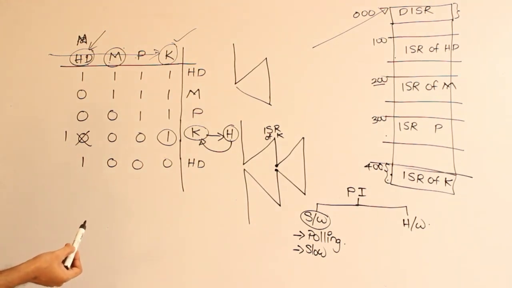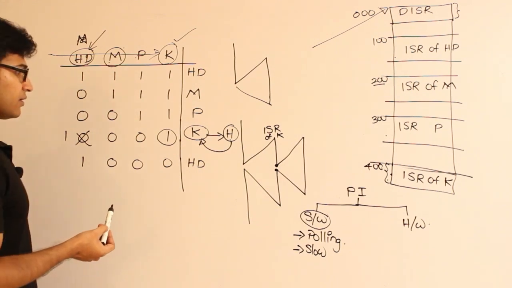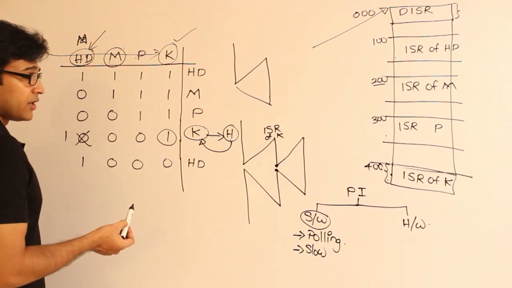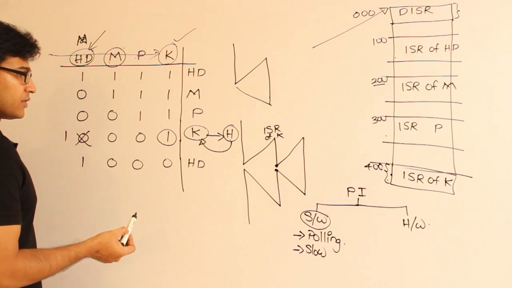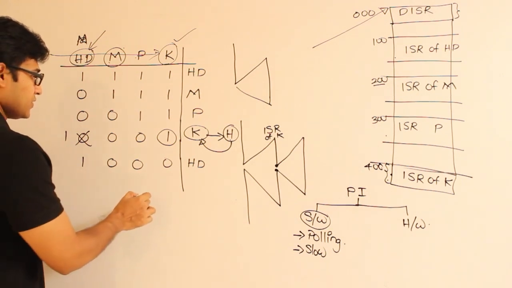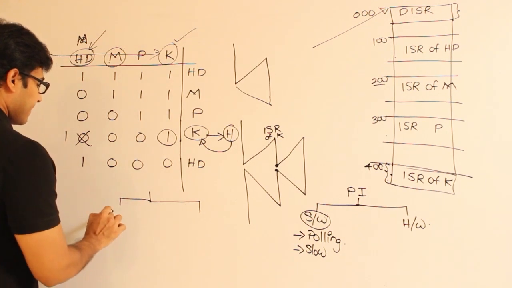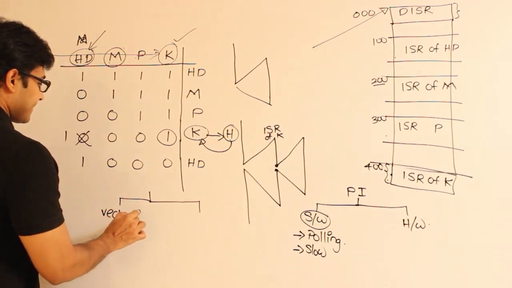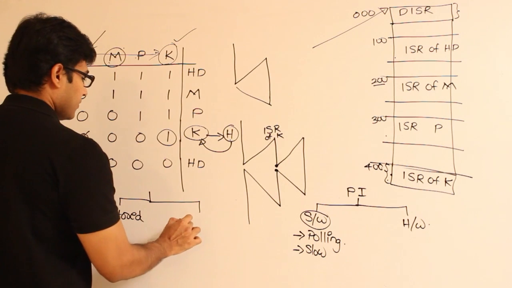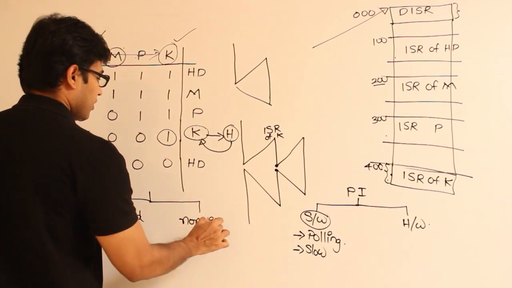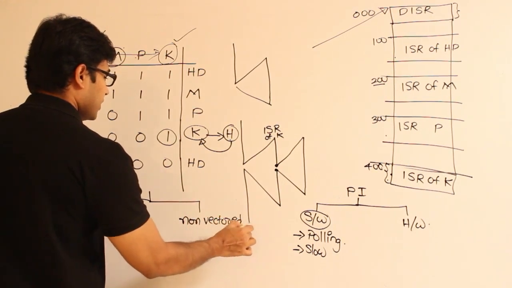Now there are two ways. Whenever we get any interrupt, there are two ways we can resolve it. One is called vectored interrupt, and the other is called non-vectored interrupt.